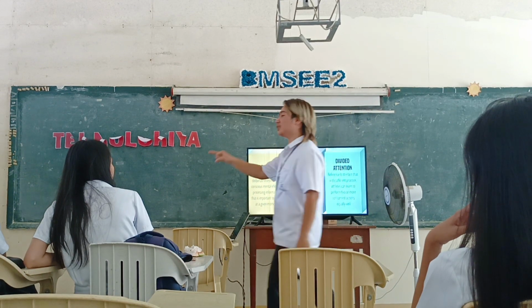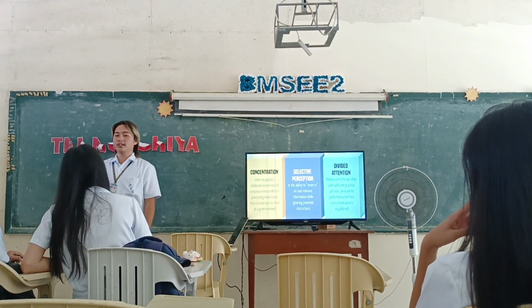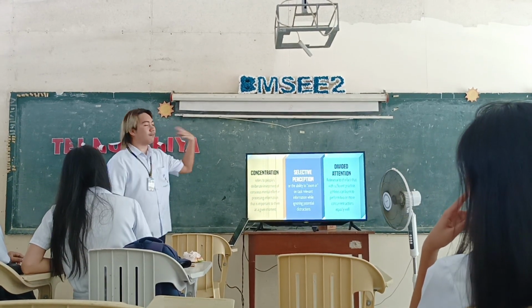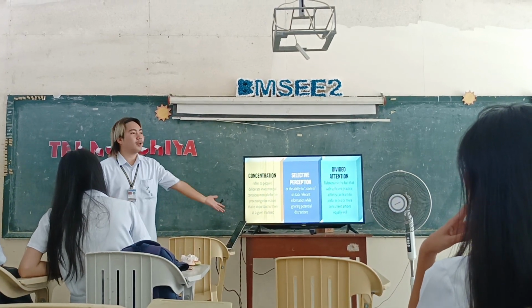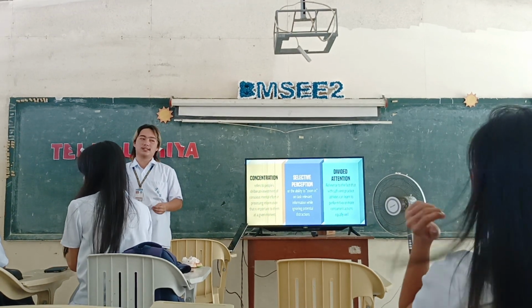So how many attentions are you focusing? Tatlo: dribble, running, and opportunities to pass the ball. So that is the divided attention. But it only happens considering that you have practiced those skills enough.